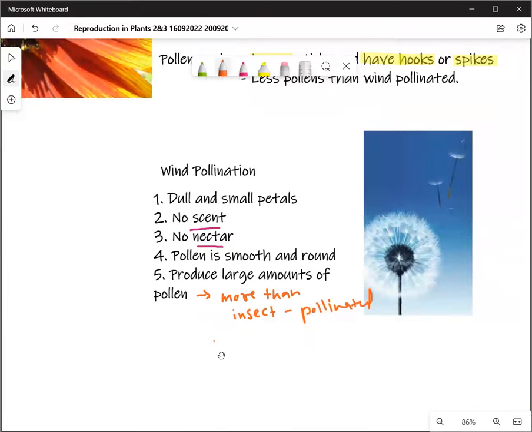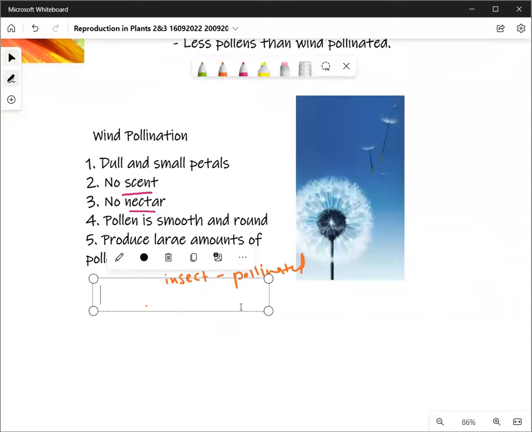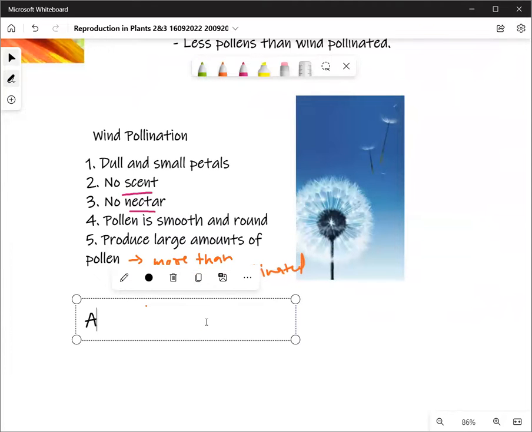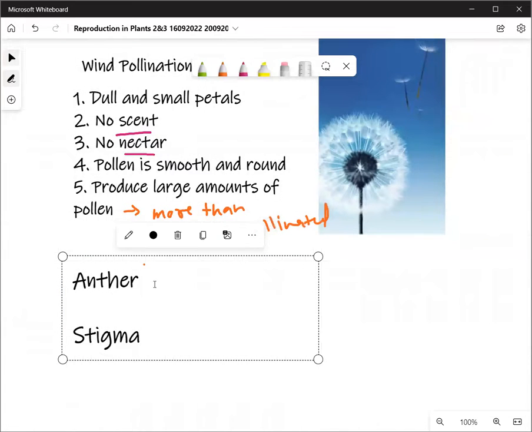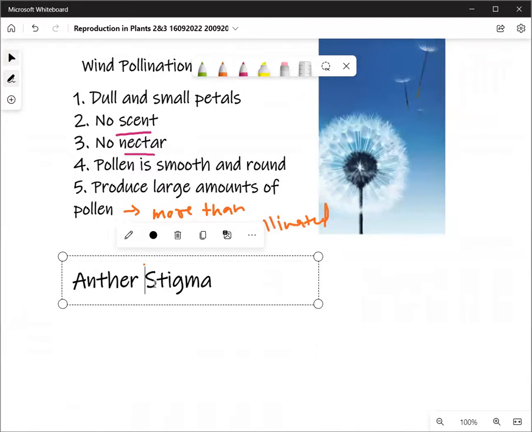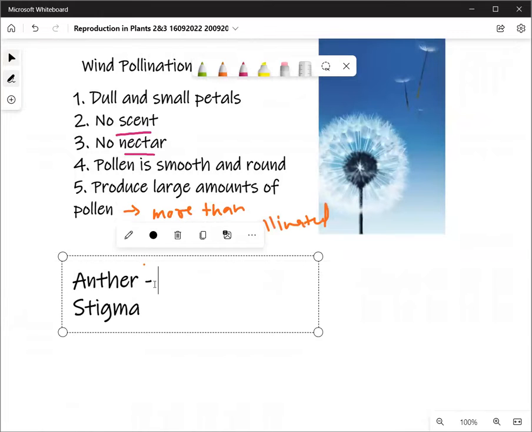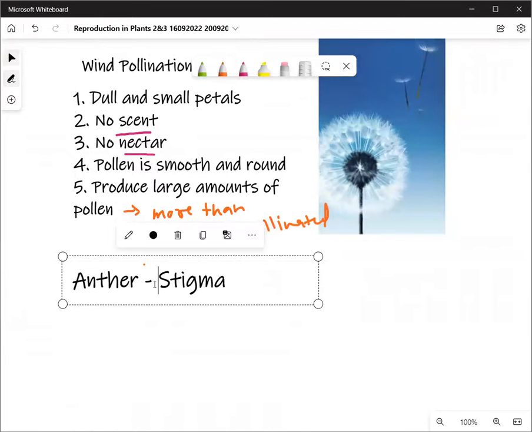We have anther and the stigma as well. First thing first, anther and stigma are, let's write both of these, hang out of flower.